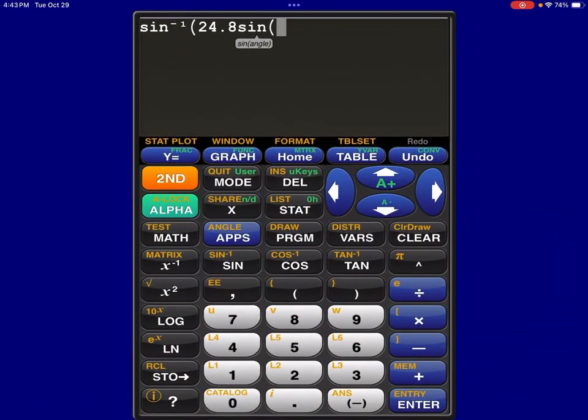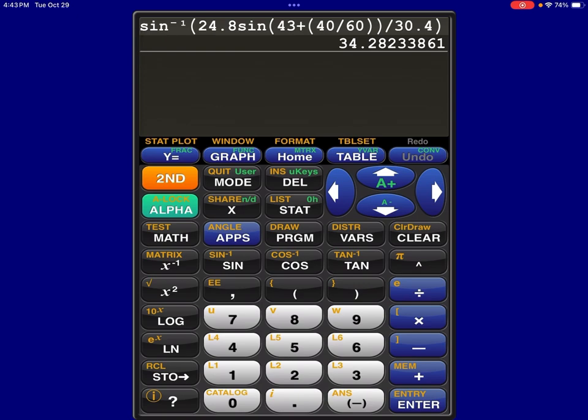I'm going to write that as 43 plus 40 over 60, adding that to make it into degrees, and then we divide that by 30.4. So let's see what we get here. I'm coming up with 34 and all that funny change.